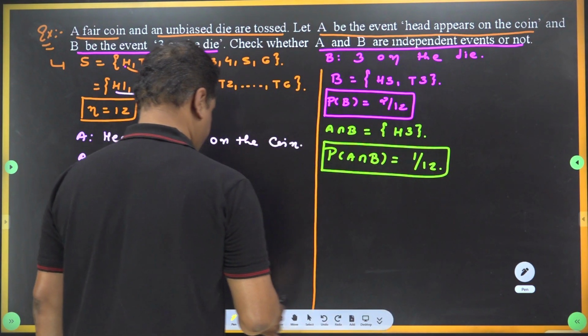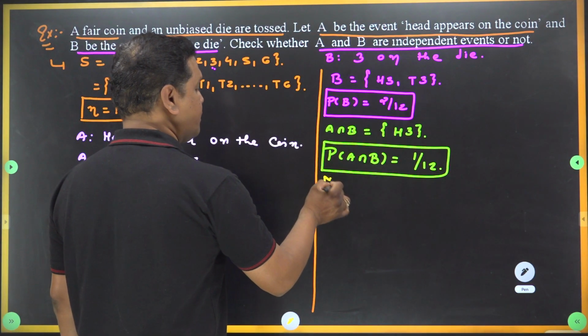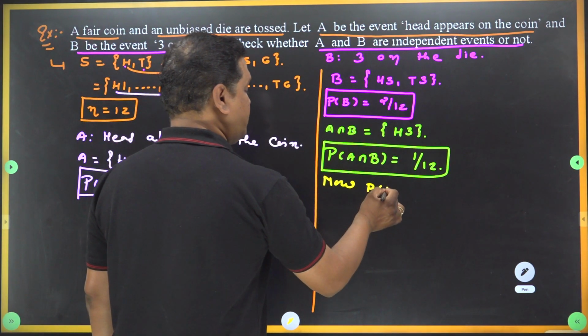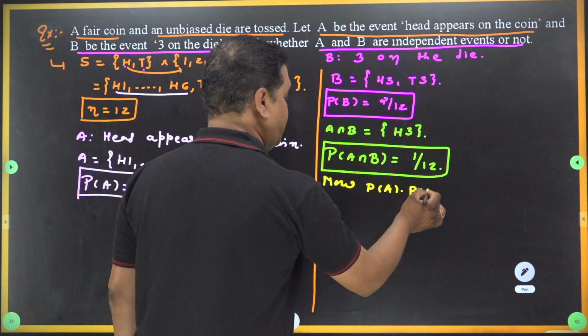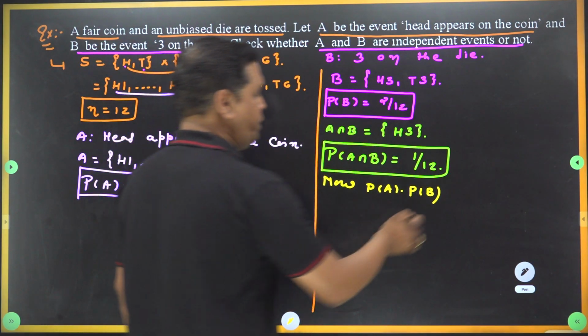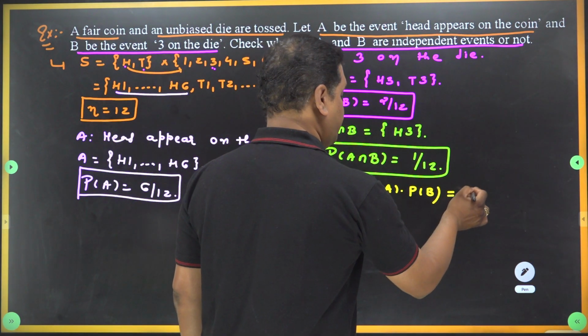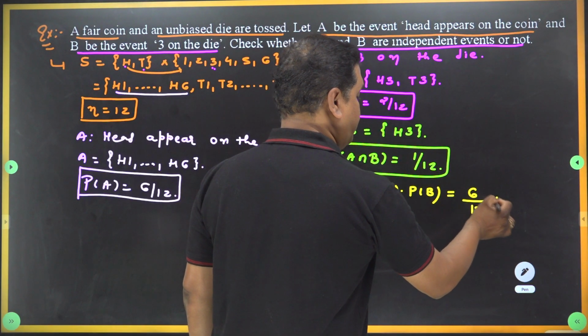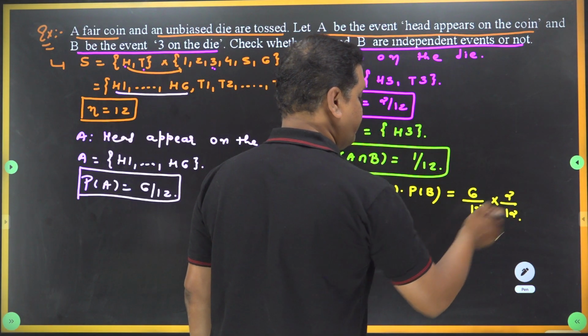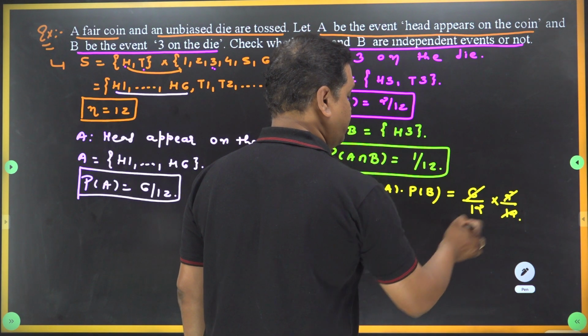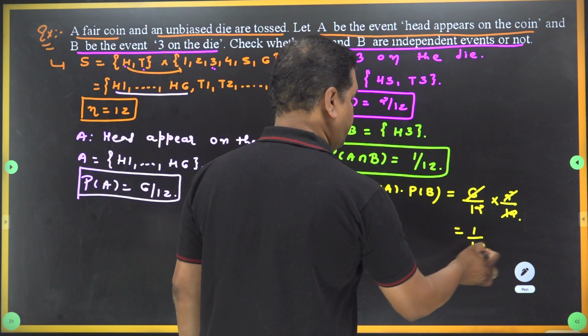Now प्रोडक्ट ऑफ पी ए इंटू पी बी. अब चेक कर लीजिए कि पी ए इंटू पी बी इज इट 1/12, 6/12 इंटू 2/12, 6 2s are 12, so that is also 1/12.